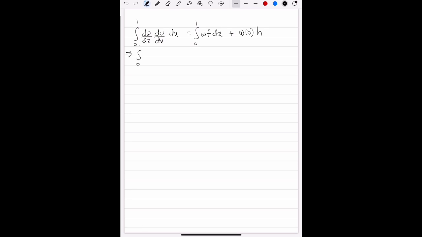Integral 0 to 1 w multiplied by d2u by dx square plus f dx plus w of 0 multiplied by du by dx at x equal to 0 plus h is equal to 0. Now how did I get this?